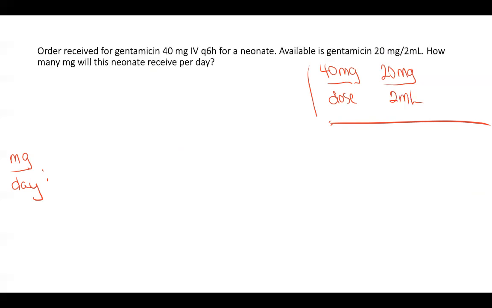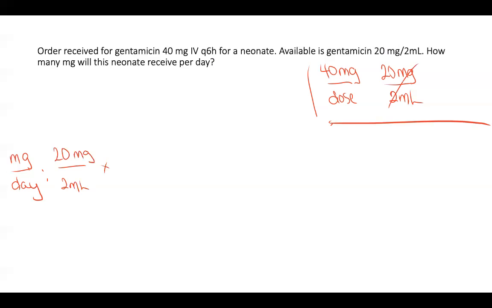Okay. We already know what happens if we plug in 40 milligrams per dose because we just solved it that way. So let's pretend you decide you're going to use the 20 milligrams over 2 milliliters. All right. So following our rules, the next part of our problem should have milliliters in the numerator, or the top, right?